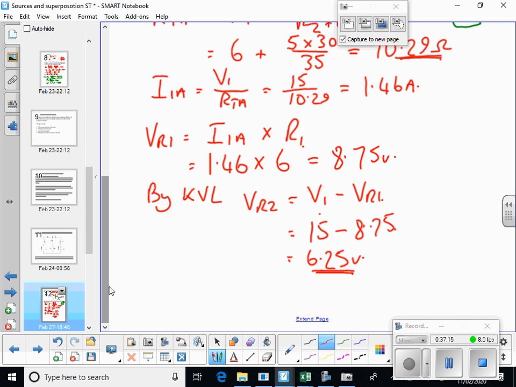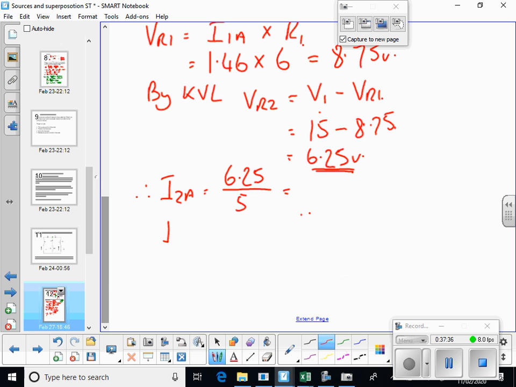And we can use that to find I2A: 6.25 over 5. And I3A: 6.25 over 30.